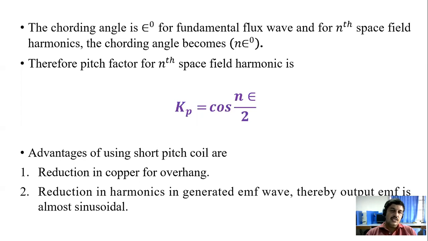Even though there is a little decrement in the induced EMF, that decrement can be accepted given these two advantages. So generally in synchronous machines, coils are considered short pitch, even though the short pitch nature of the coil decreases the value of induced EMF from its ideal value.